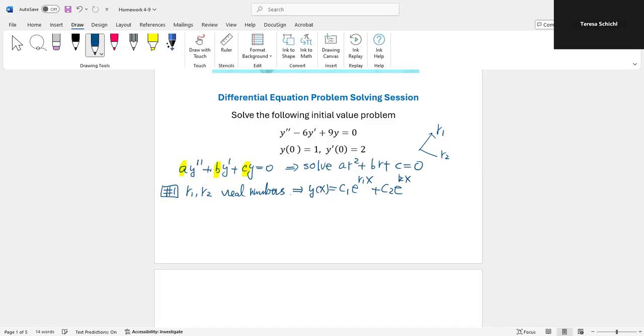So you can put the c1, c2 as constants for your first solution and second solution.